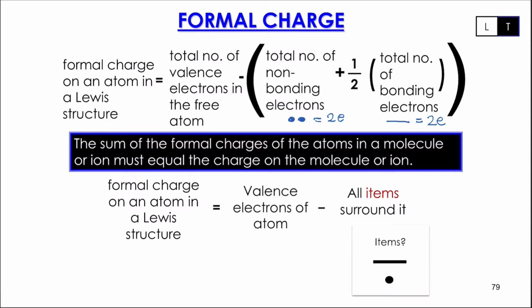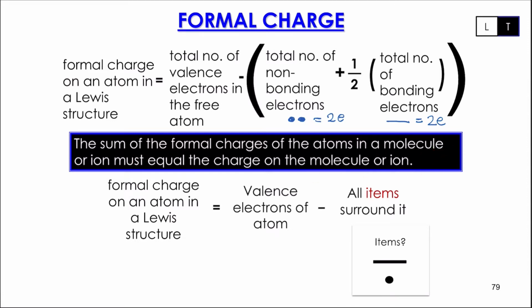And another example, kalau contoh saya ada total charge for ion. For example, ion yang saya ada adalah NO2+. So, total formal charge untuk nitrogen dan 2 oksigen dalam NO2+ mesti equals to positive 1 sebab charge dia adalah positive 1. So that is what I talk about this statement.